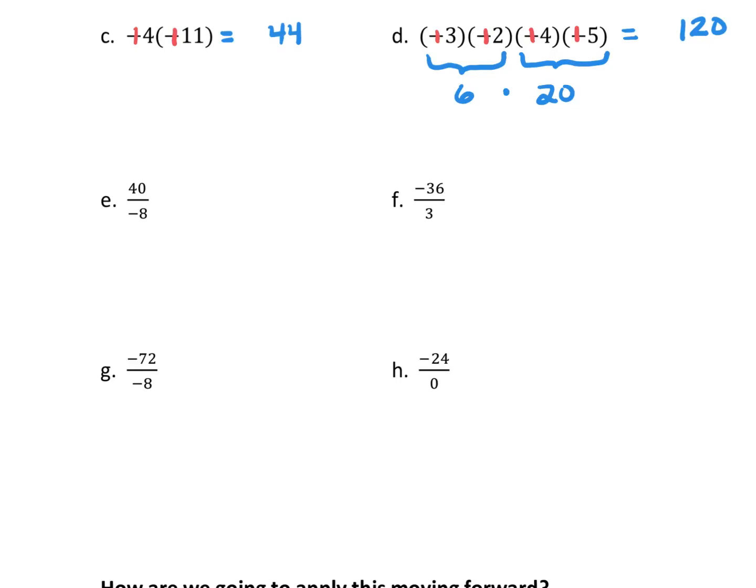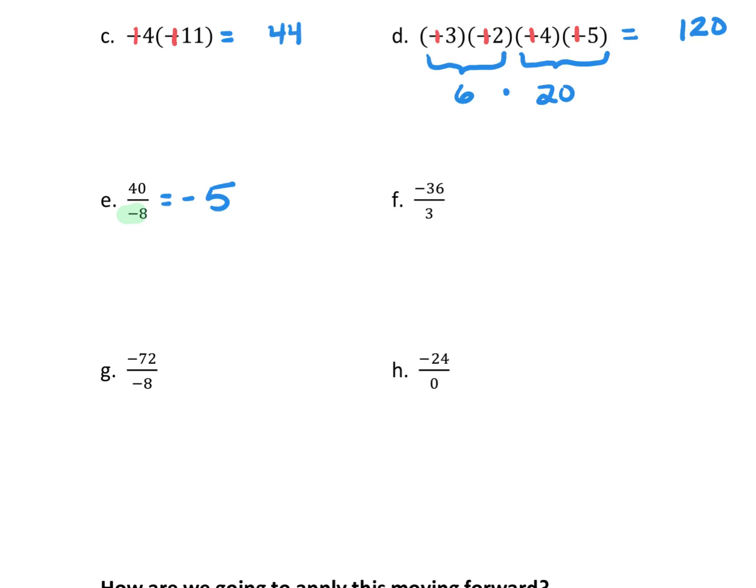For example E, we have 40 divided by -8. We divide 40 by 8, we get 5. And because we do have 1 negative in the problem, my final answer is going to be -5.